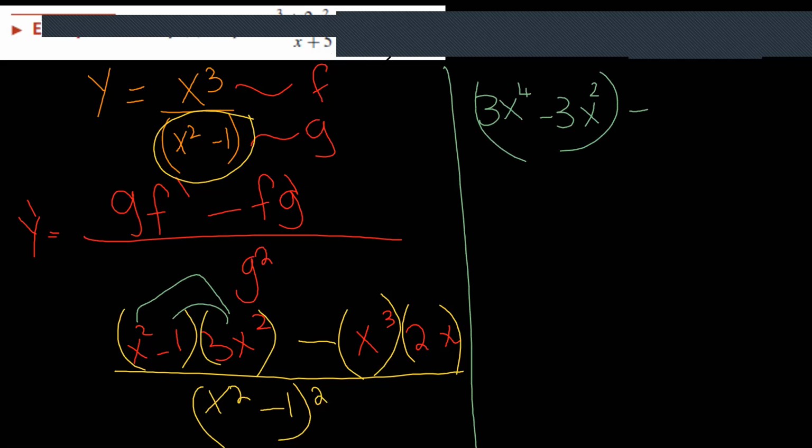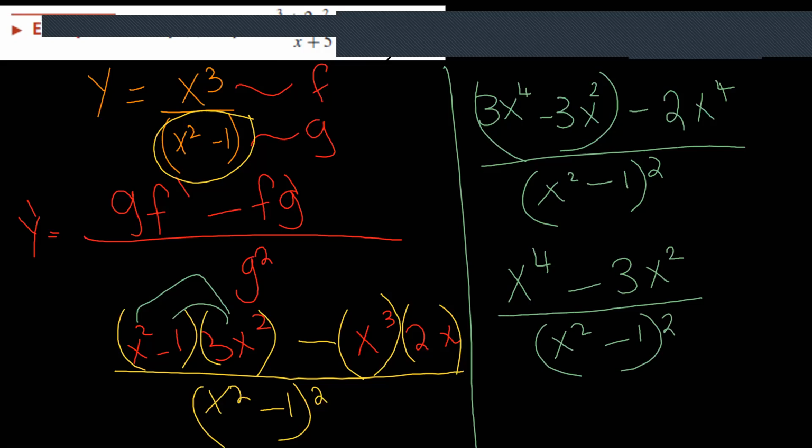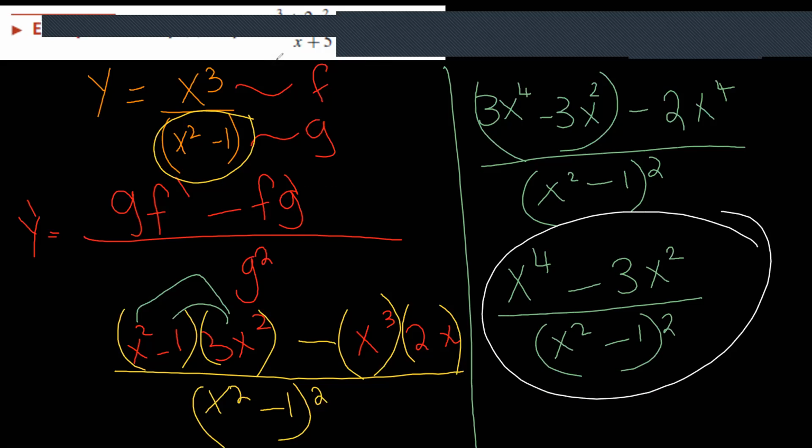I'll multiply it with x cubed, so it will be 2x to the power 4, over x squared minus 1 squared. 3x to the power 4 minus 2x to the power 4 is x to the power 4. So x to the power 4 minus 3x squared over x squared minus 1 squared. This is the derivative of the two functions that are divided. Is it clear?